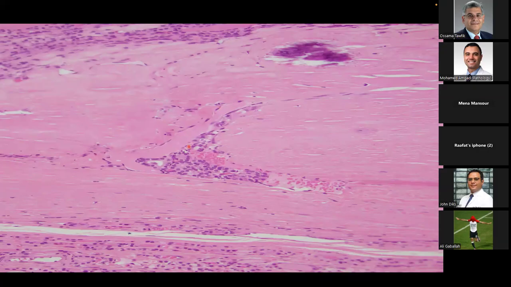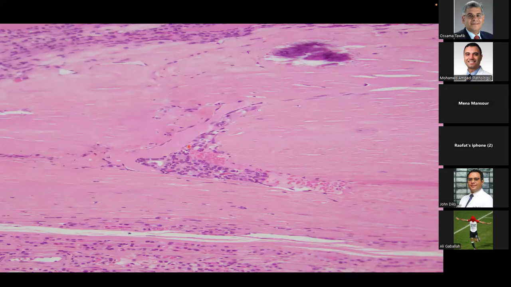Usually if it's less than 4, the patient has a good prognosis. If it's 4 or more, the patient has a worse prognosis. So I usually count and give that number in my report.